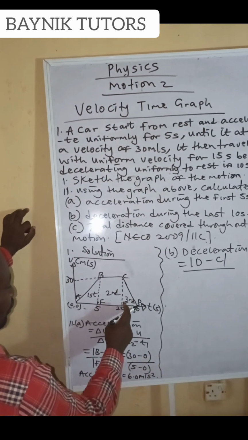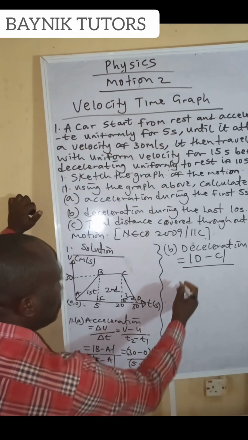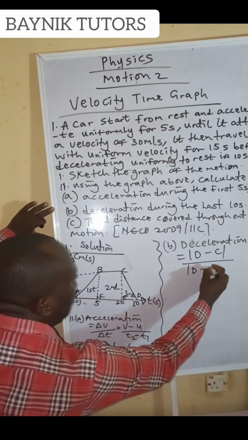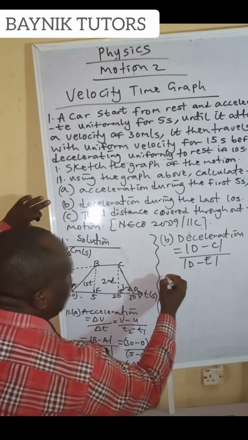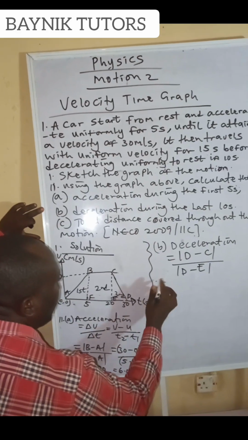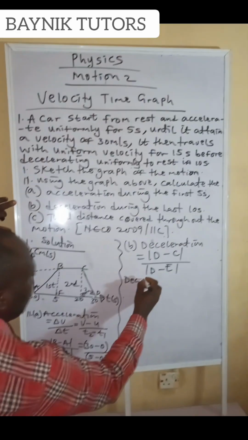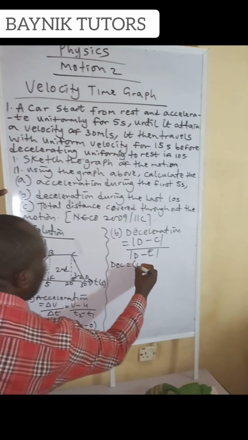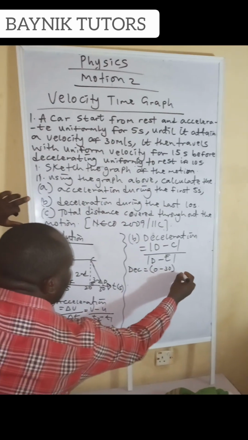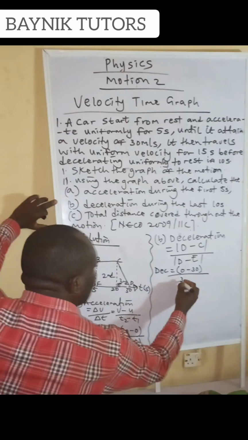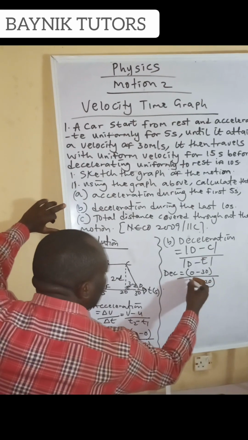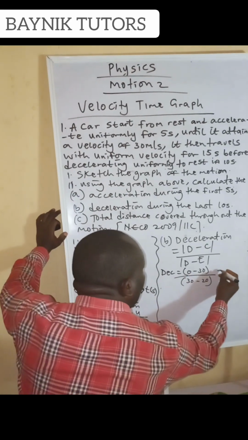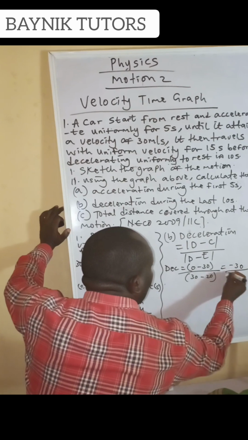So then the initial time will be 20. So here will also be D minus E. So deceleration will now be 0 minus 30 over 30 seconds minus 20. So at the end we have minus 30 over 10.